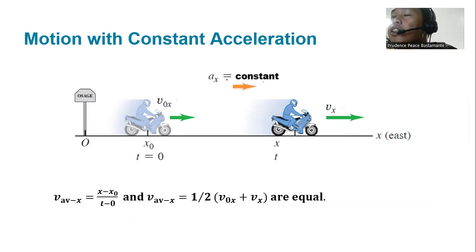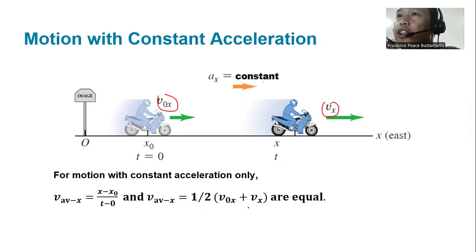Another quantity you can also verify is that the average velocity, which is the final position minus the initial position over t minus 0, is equal to this velocity plus this velocity over 2.